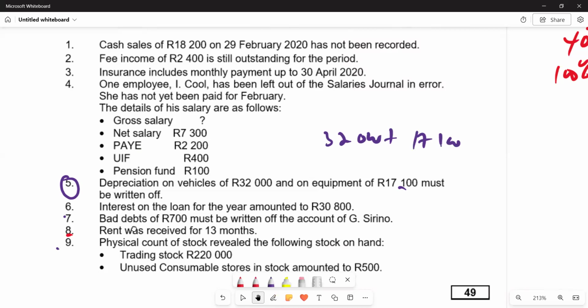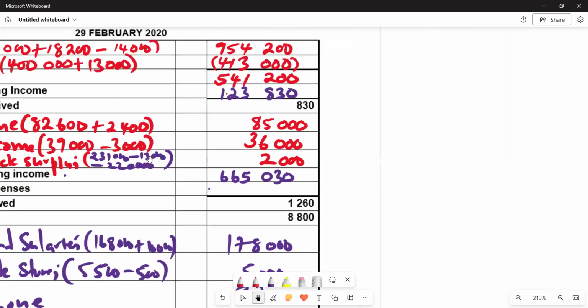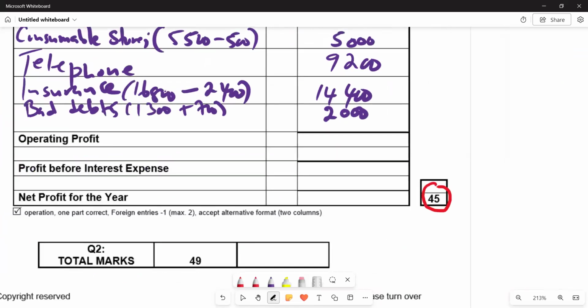So we go back there and we say depreciation. Here we are saying depreciation, and the figure that we have is 32,000 plus 17,100.